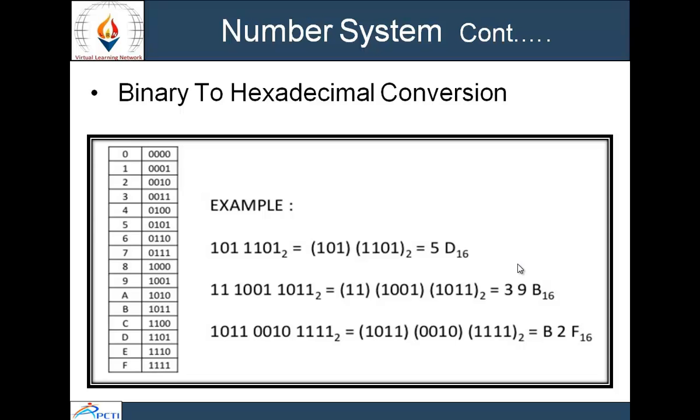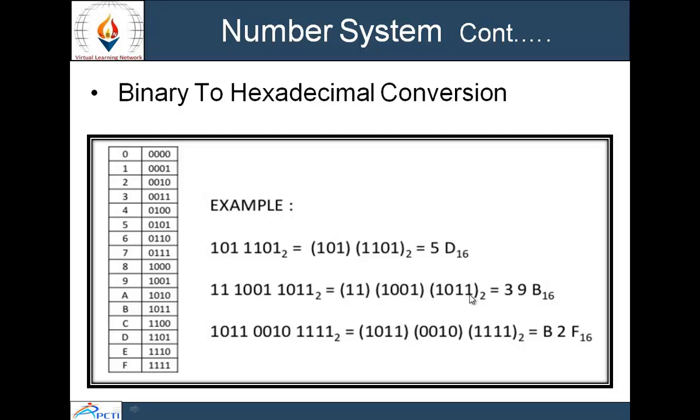As you can see in this example, we create a set of 4 binary digits from the rightmost side, that is 1011, then 101. You can add zeros to the left of the last digit if you don't have enough digits to make a set of 4.